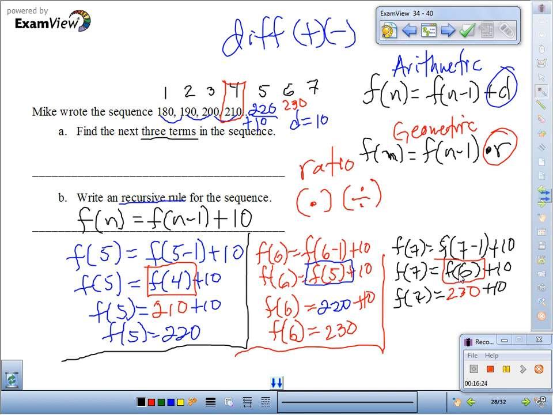And what was it, 230? Because f of 6 is what? 230. So f of 7 is 240. So my three terms are 220, 230, and 240.